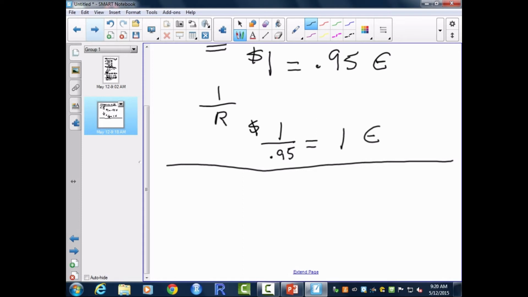So first, what is quantity demanded of dollar in the market? Quantity demanded of dollar in the market would be a function of export and capital inflow.